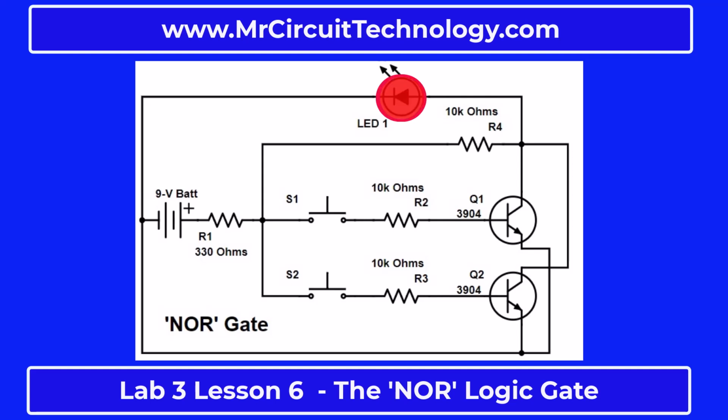So as you can see from this explanation, this circuit works like a NOR digital logic gate. When either input is true, the output will be false. That is to say, when you put a voltage on the input of either transistor or both transistors simultaneously, the LED will turn off, indicating a false on the output.